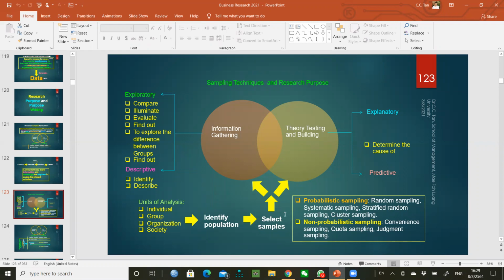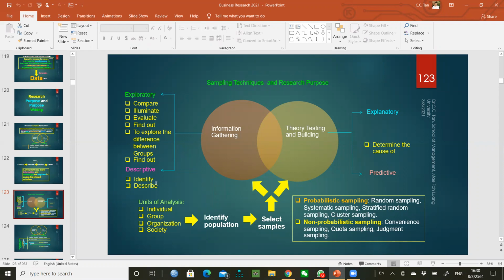And then once you move from the unit of analysis to the identification of the populations and where your samples are selected, data start to form and to serve, whether for exploratory or descriptive purposes, depending on the nature of the contribution, the requirements of your research effort.